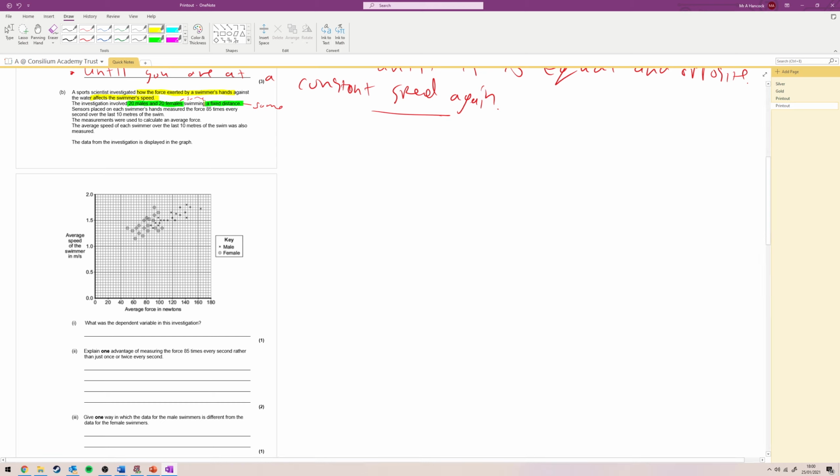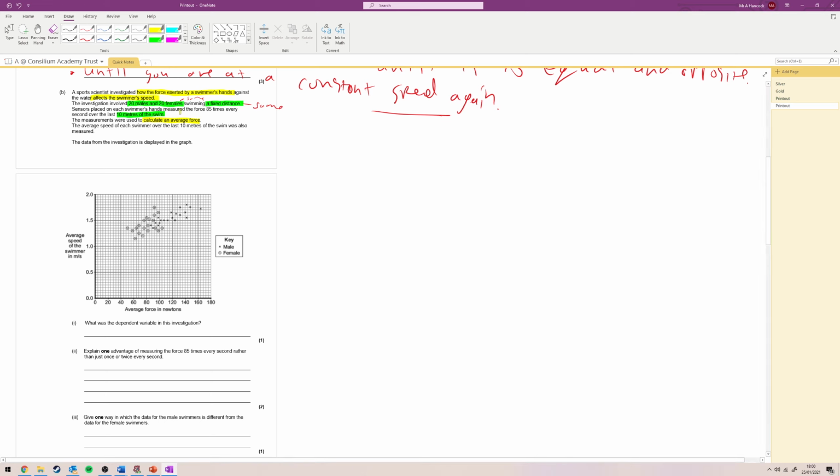So they measured the force 85 times every second over the last 10 meters of the swim. Okay. I guess this could be, and I suppose this could be as well, but we'll leave that one out because we're getting too many greens. The measurements were used to calculate, okay, so they calculated an average force. And they measured, okay, hold on, the word measure there.